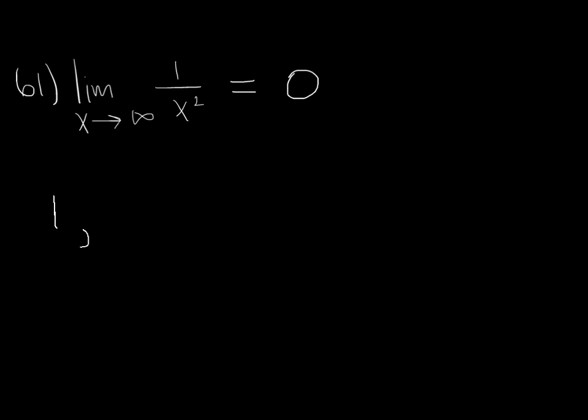If we go to x equals 2, we have 1/4. If we have x equals 3, 1/9. If we have x equals 4, 1 over 16, and you can quickly see that these numbers are getting smaller and smaller and smaller. And as x grows, they will continue to get smaller and smaller, so they will get closer and closer to 0. And this brings us to the end of the homework.